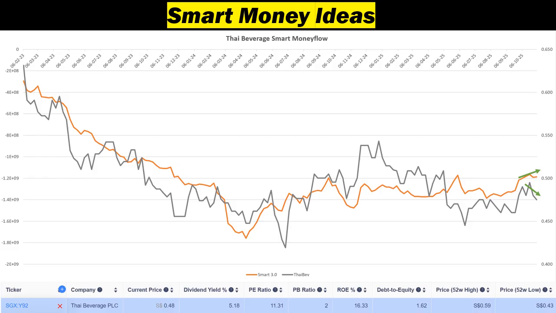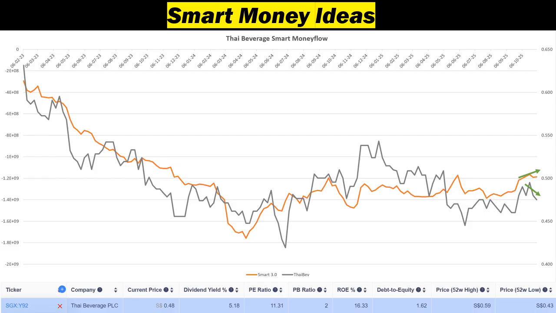And especially over the past 2 to 3 weeks, we see that the price chart of Thai Bev hit some resistance and corrected slightly, but nevertheless, the smart money chart continued to indicate some buying activity.